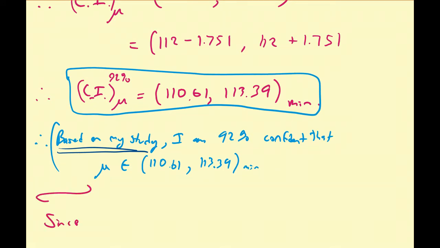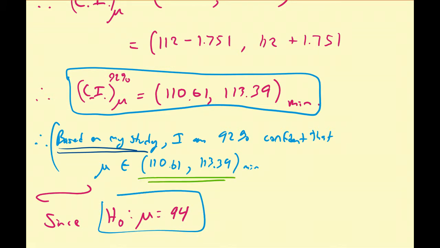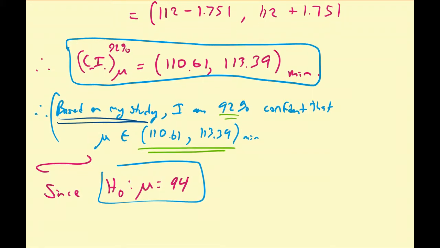Since the claim H0 is that mu is equal to 94, this value is not inside of our confidence interval. So at least based on my sample, I'm 92% confident that this null hypothesis is actually wrong.